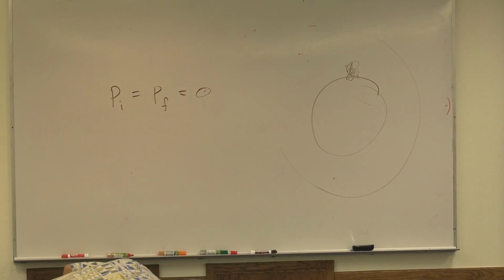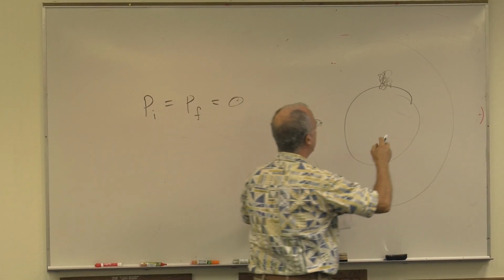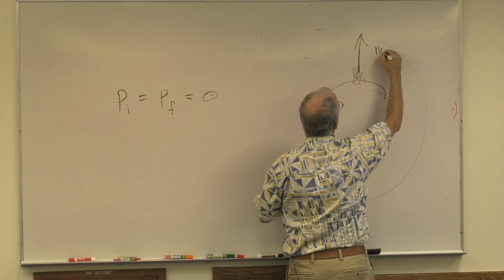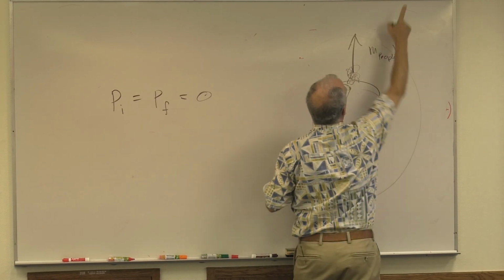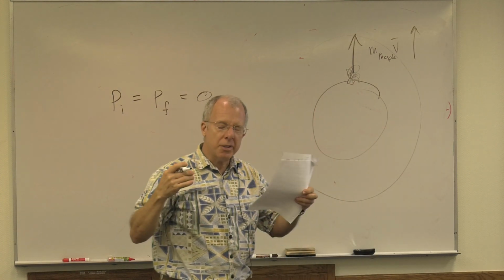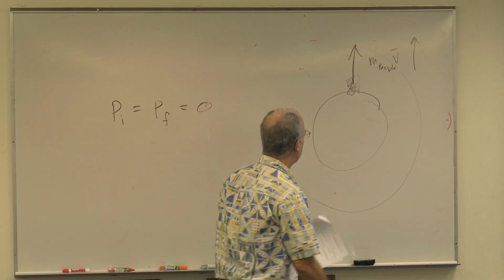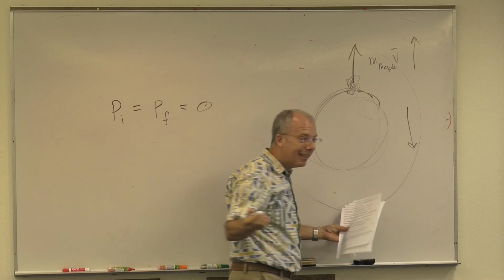It says at the prearranged signal, everybody jumps up. So you can have all the mass of the people times velocity going that way, right? Well, the final momentum has to be 0. So what does the Earth have to do? The Earth has to go that way, right?